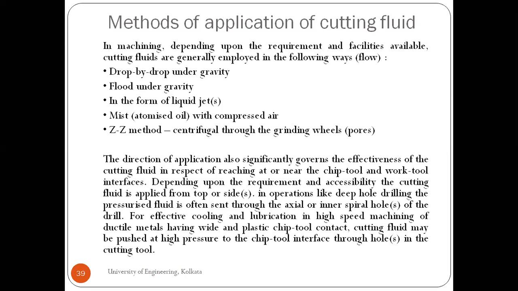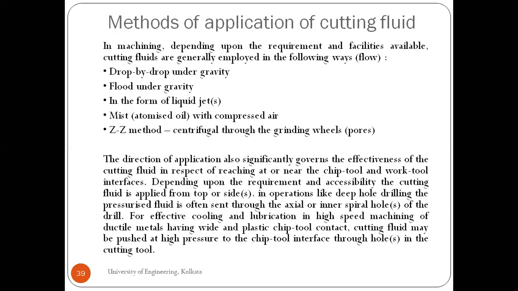So these are the different types. First, drop by drop under gravity: we just drop some cutting fluid on the machining zone, maybe at the chip tool interface, maybe at the place where the maximum cutting temperature is generated. Next is the flood under gravity. We have seen this whenever you have performed any machining on the lathe machine.